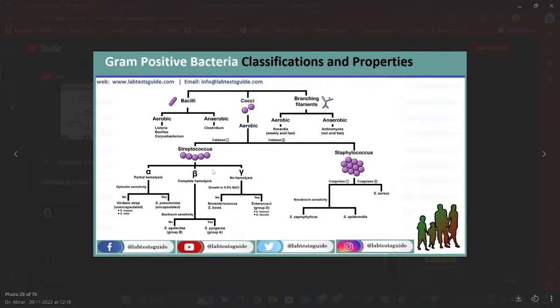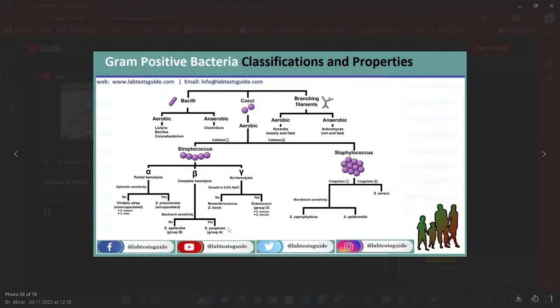Now coming to beta hemolysis, which is complete hemolysis. They have hemolysin, the enzyme which causes the degradation of hemoglobin or RBCs in particular. In beta hemolysis, if the bacteria is sensitive to the bacitracin antibiotic, it is called Streptococcus pyogenes.